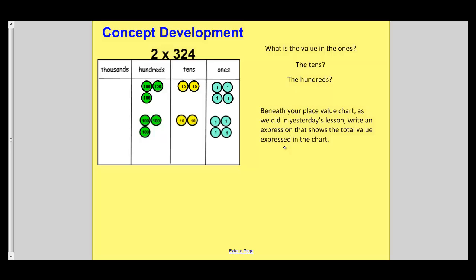Now, underneath our place value chart, we're going to label, just like we did yesterday, an expression that shows the total value that we expressed in the chart. So up here I've got 2 times 3 hundreds, sorry, I first said tens, that should be hundreds.